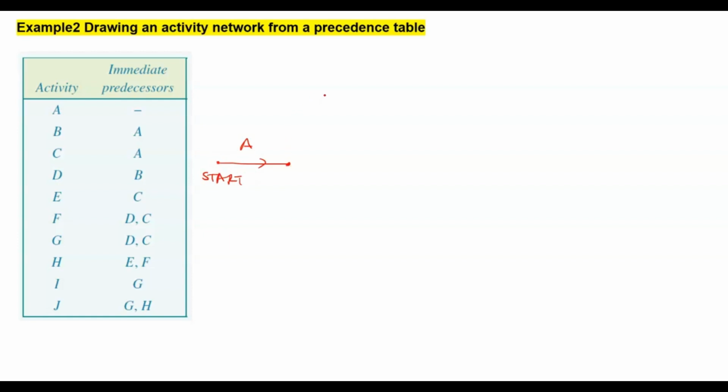A is the immediate predecessor for B and C. So I put B there and C on the other side, and I put a node there. Now we move on to activity D. D is there, beauty.